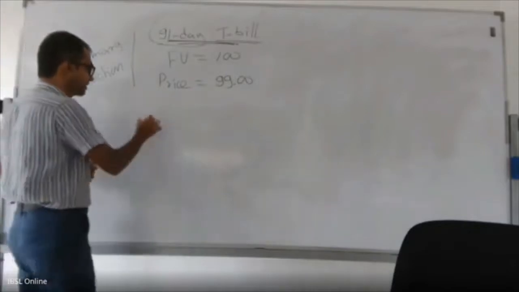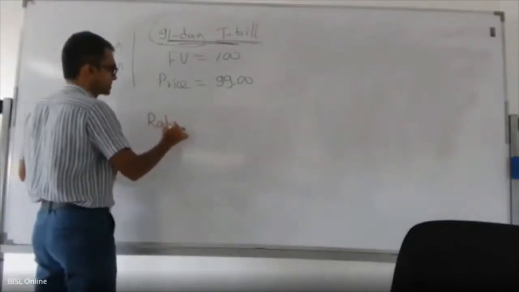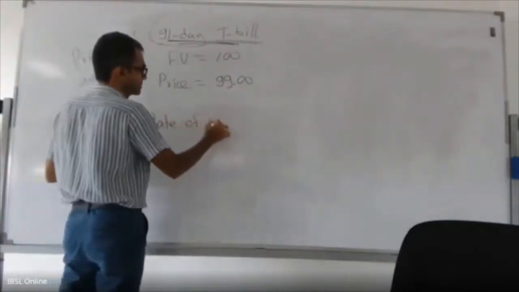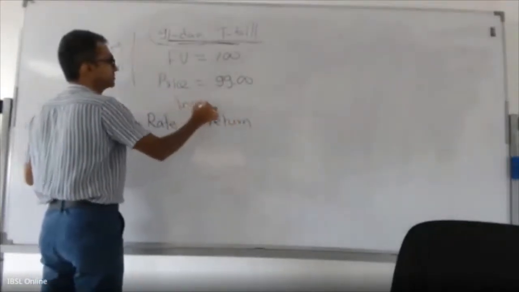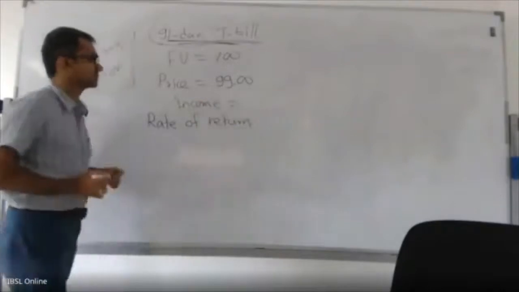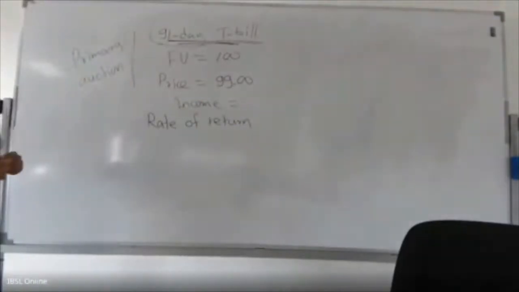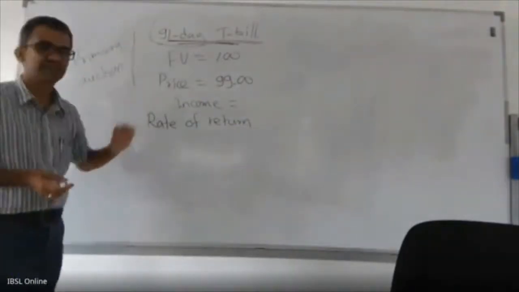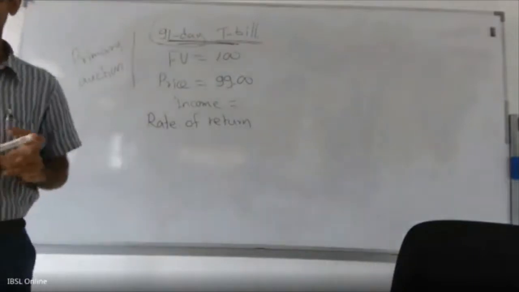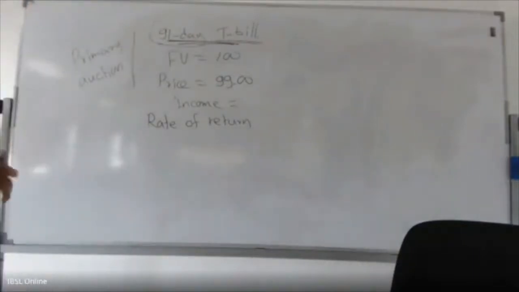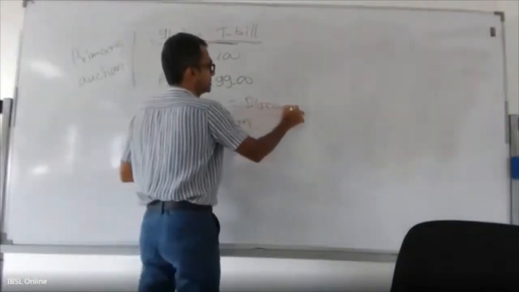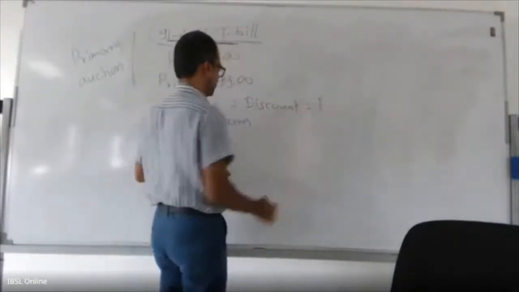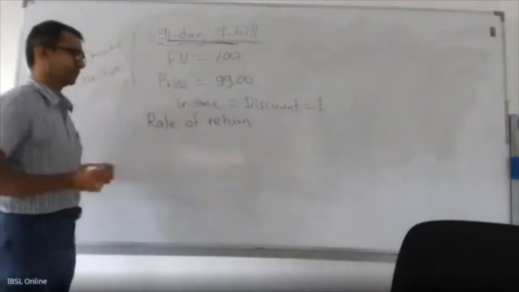What is his rate of return? What is his income? If he holds this until maturity, what is his income? His income is the same as the discount, that is ₹1.